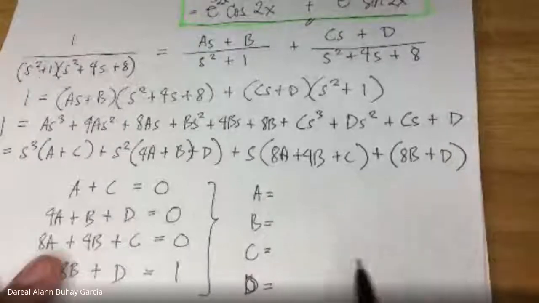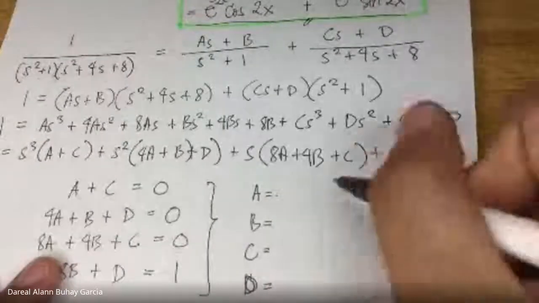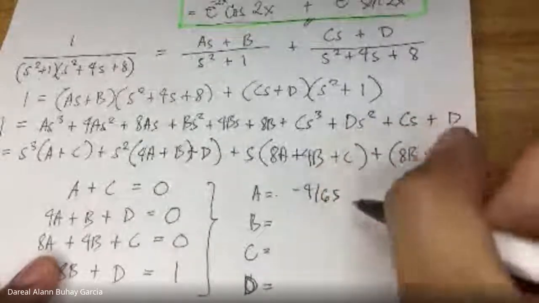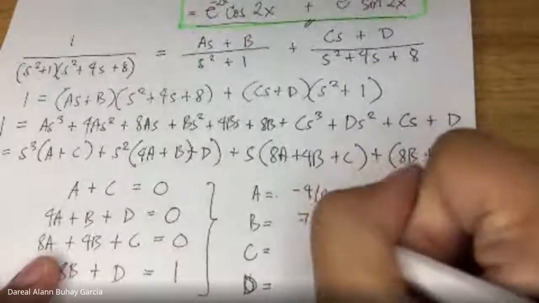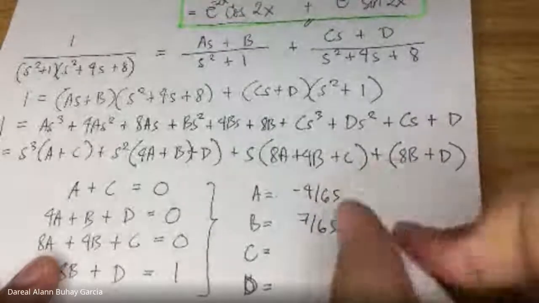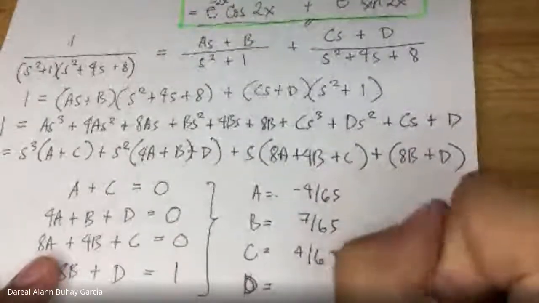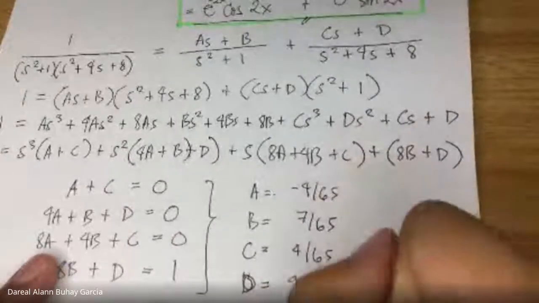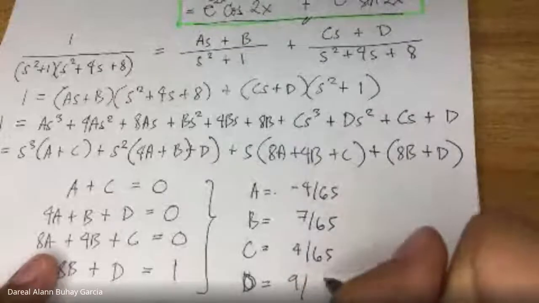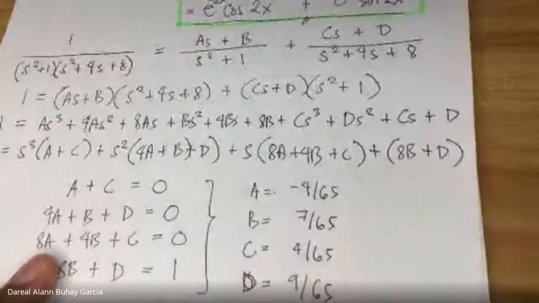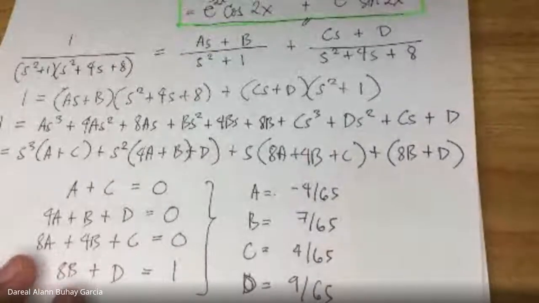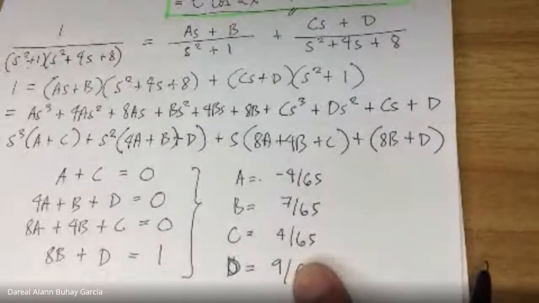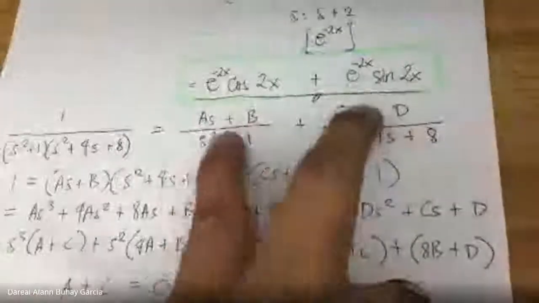But the final answer is A equals negative 4 over 65, B is 7 over 65, C is 4 over 65, positive, and D is 9 over 65. Substitute these back into the given.